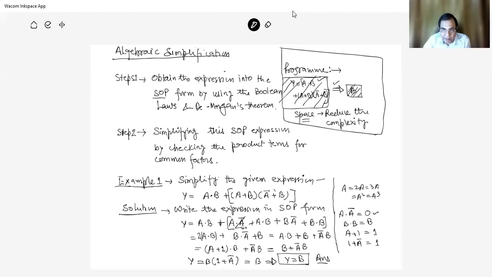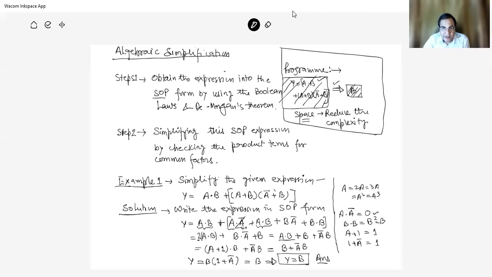Here we have A dot B and B dot A bar, and here B dot B, which is B square, and this is nothing but B. By solving, we have A dot B and here again A dot B. Both are added, so it gives 2 A dot B, which is A dot B.